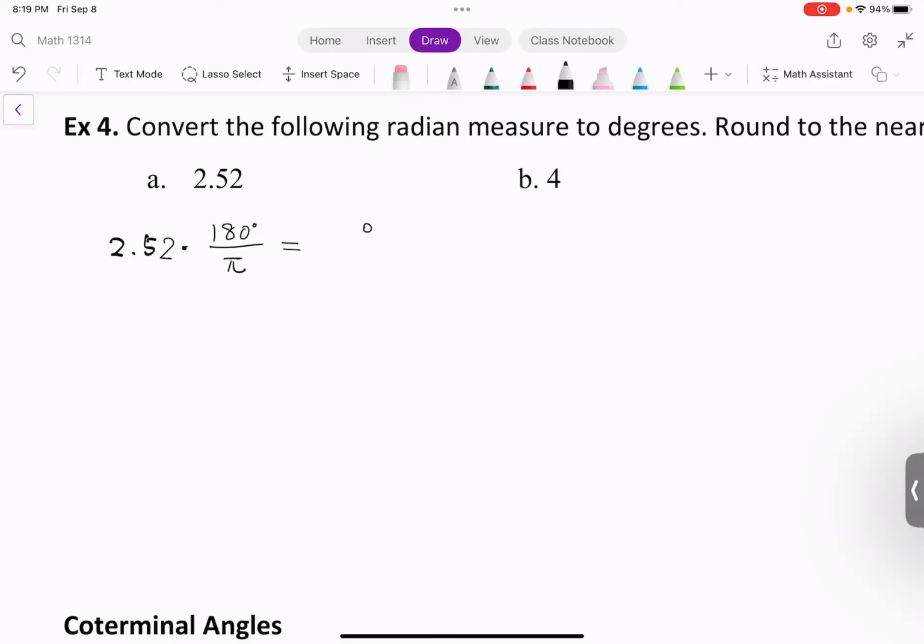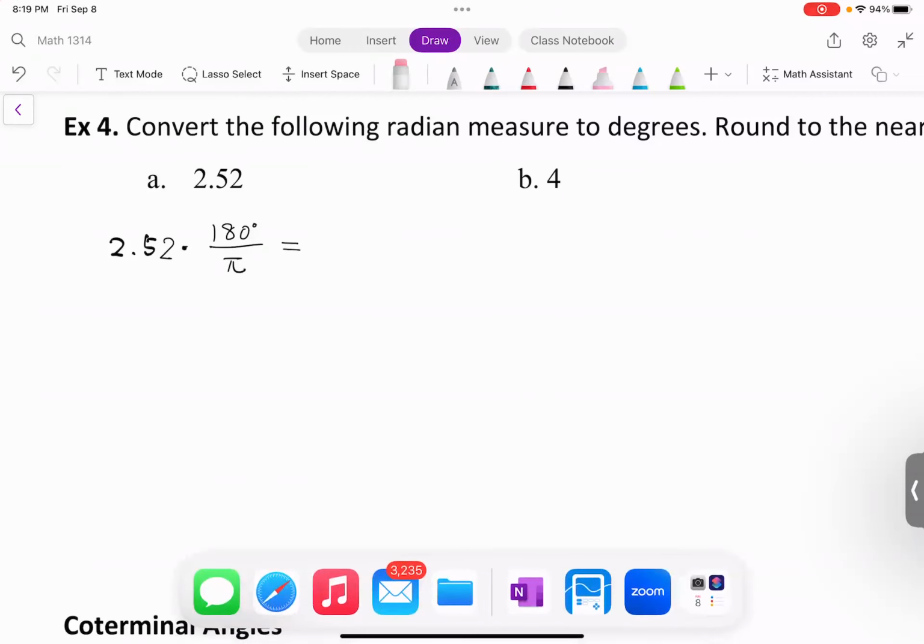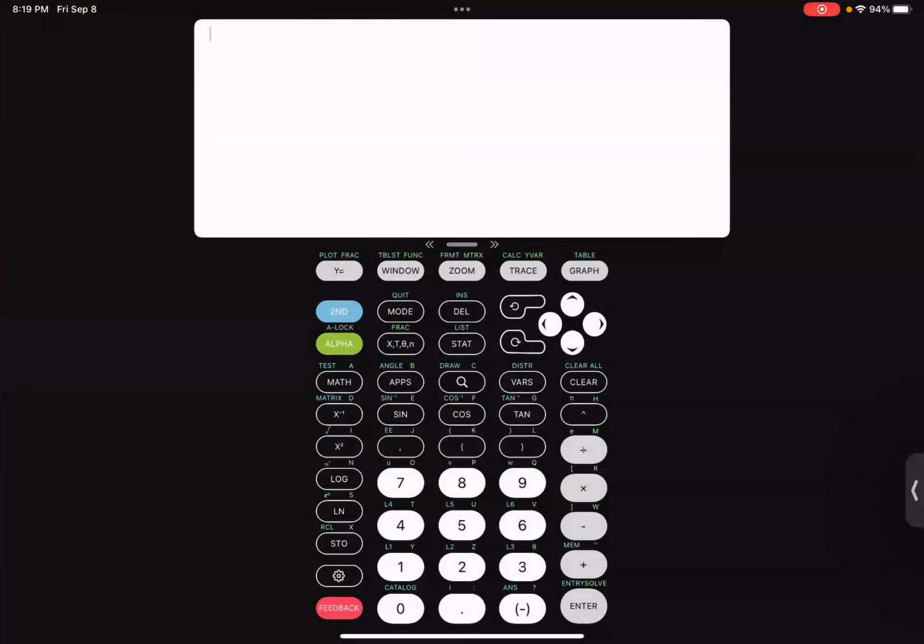All right, let's continue to use our calculator to find the solution. Okay, let's clear the screen. That's 2.52 multiplied by 180 divided by pi. Pi is second caret sign, and then hit enter.